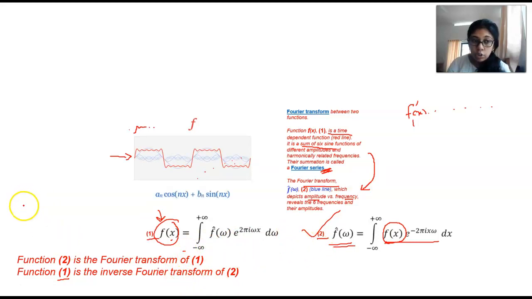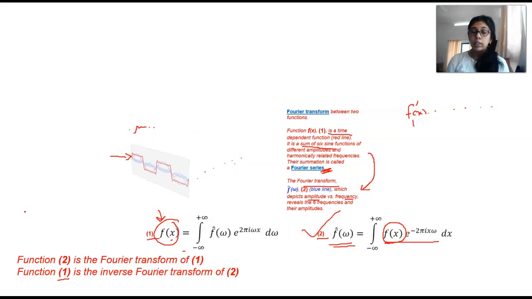So you should have an understanding of what a Fourier series is. The Fourier series will be a periodic function, and it is obtained by a summation of sine functions. Different sine functions you will be adding together to give you the Fourier series.